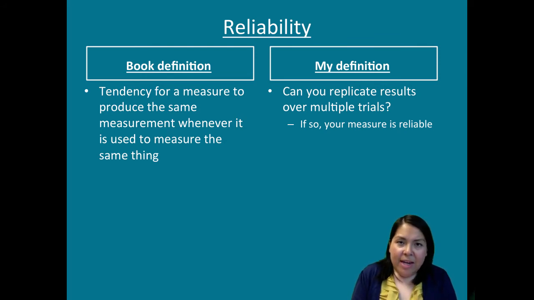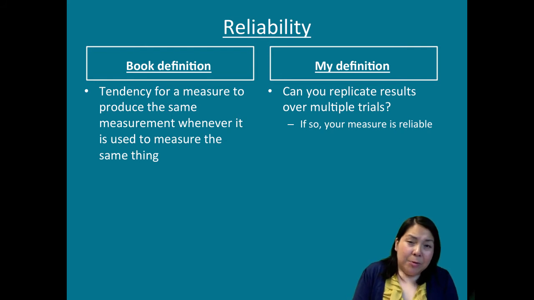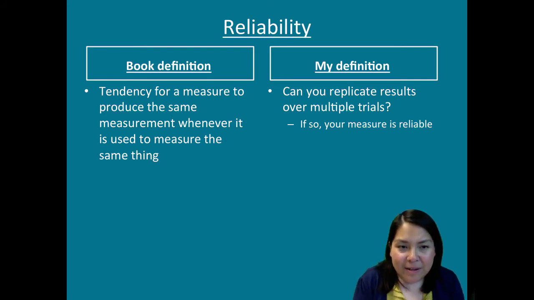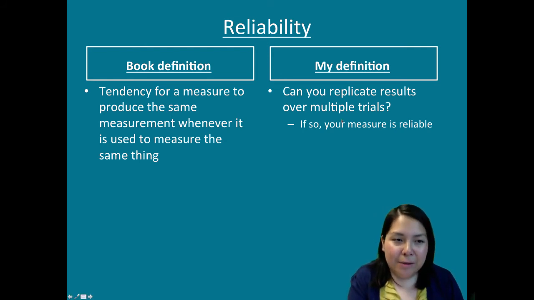Can it replicate? Does it reliably produce the same results in measuring my construct of happiness? If it does, then it is reliable.